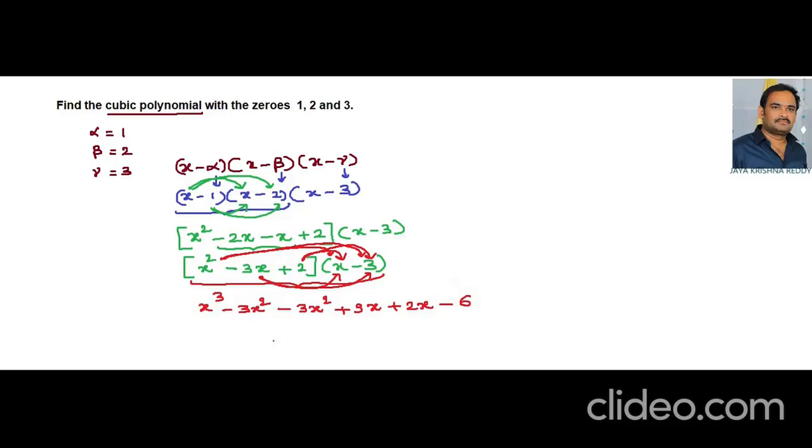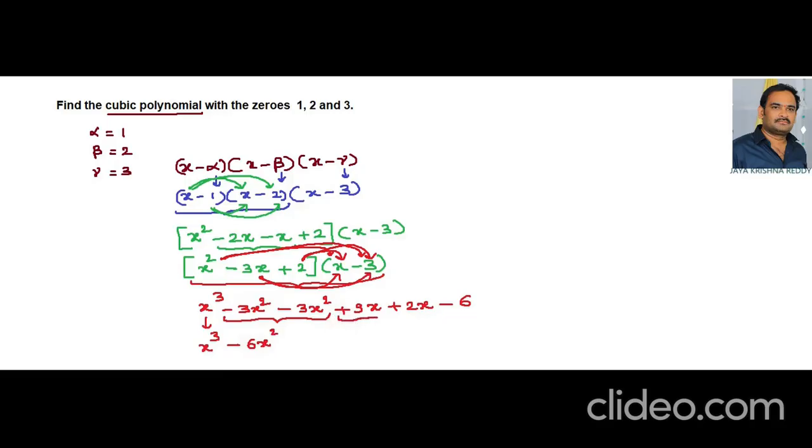Now let us simplify these terms. So only one x cube term is there, so it is x cube, and x square terms we have two. Both are having same symbol, minus, so keep the symbol as it is, minus. Both are having same symbol, so you have to add them, 3x square and 3x square. So their sum will be 6x square.